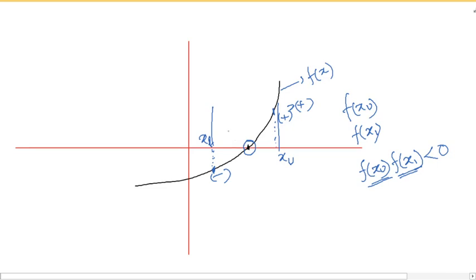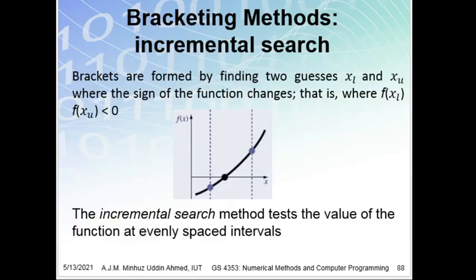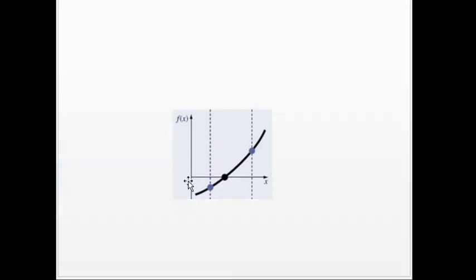The main concept of bracketing method is to cordon this from 2 points, the 2 points for which the function will give 2 different values, from which we can say that yes, within these 2 points the roots will be lying, our desired roots which we are talking about. So that is the thing we have mentioned in this slide.